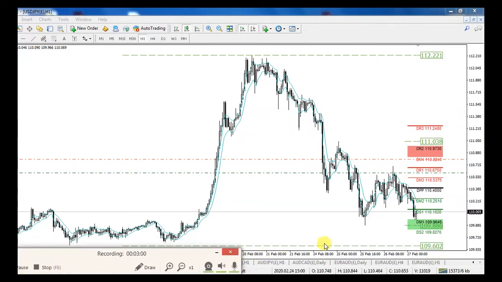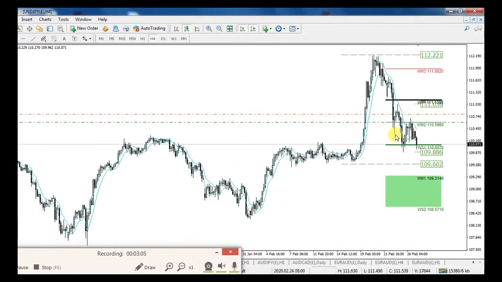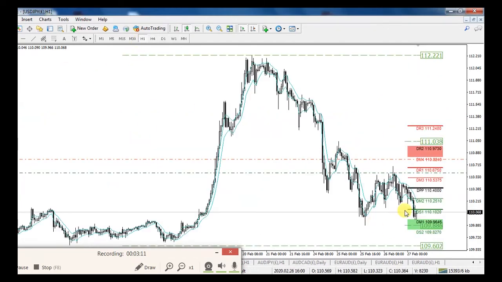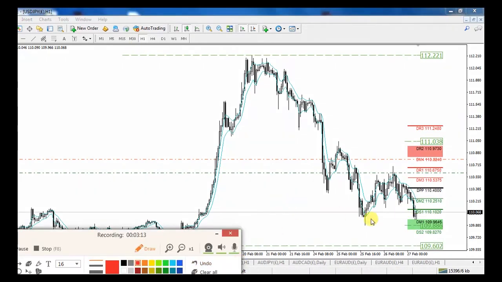Now let's have a look at what's the potential in here. I'm seeing that it's testing this 4-hourly low, which I think might push price a bit higher, but I don't think it's going to go too far. Probably about these highs, and then possibly up to these highs.